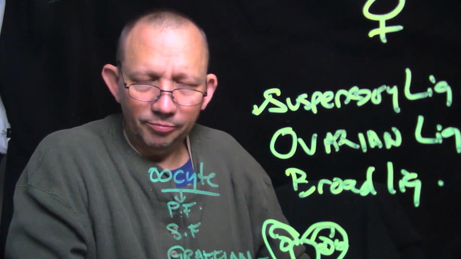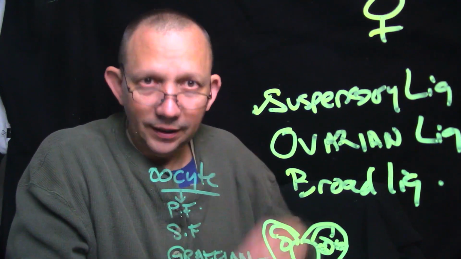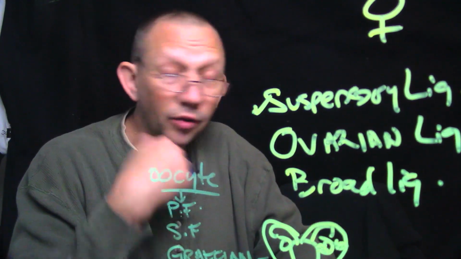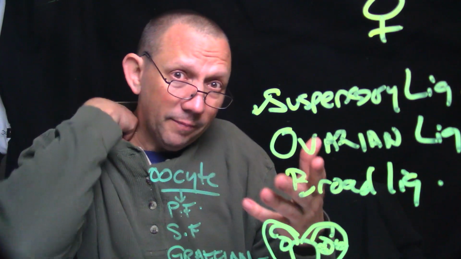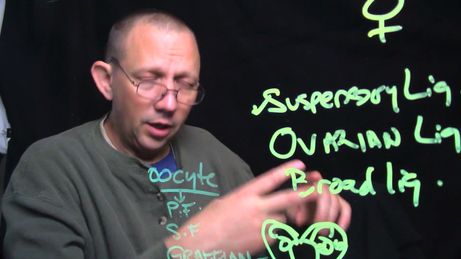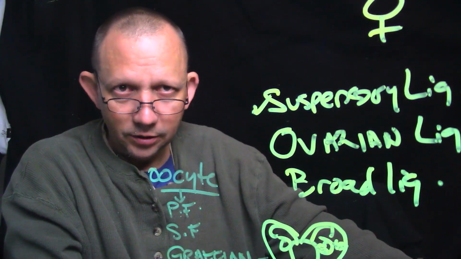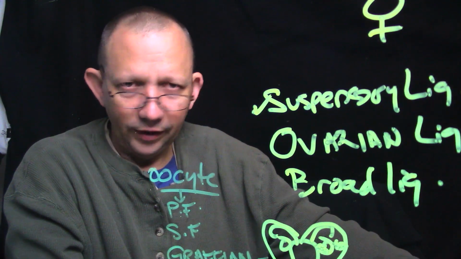Then that makes progesterone, and it becomes what's called the corpus albicans, which means the white body. So corpus luteum to corpus albicans. So the egg is produced through this whole cycle, which we'll get into later.